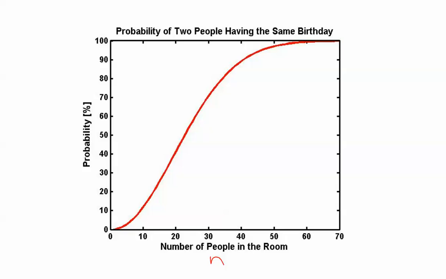This is the probability of at least 2 people in the room having the same birthday. Okay? It's not necessarily the probability of exactly 2 people. We can have more than 2 people if we want. This is the probability of at least 2 people having the same birthday.